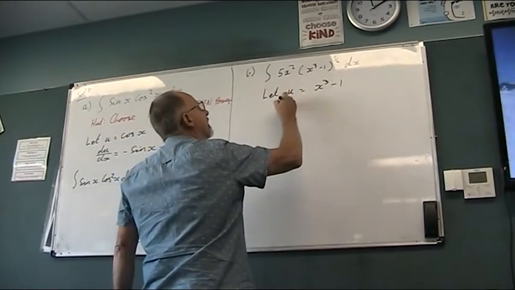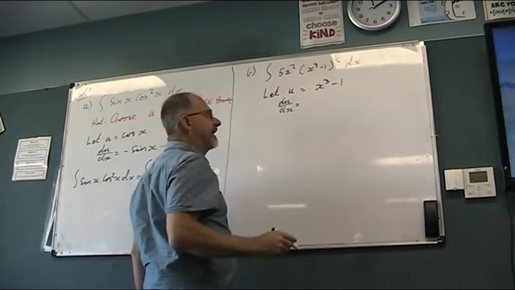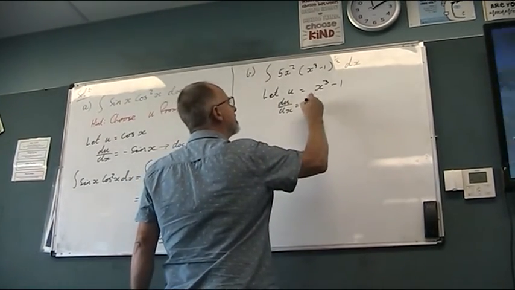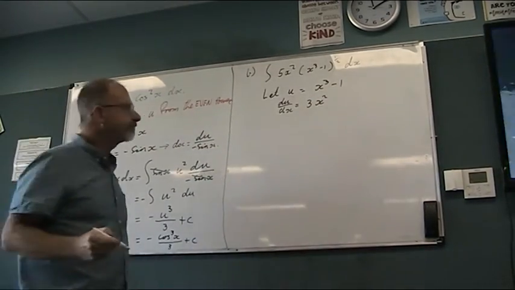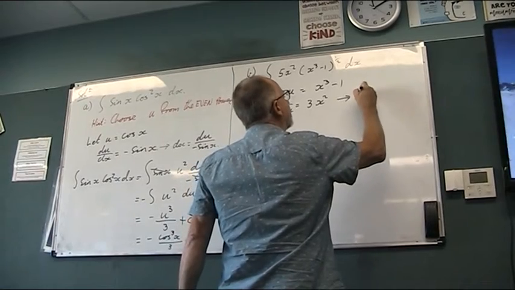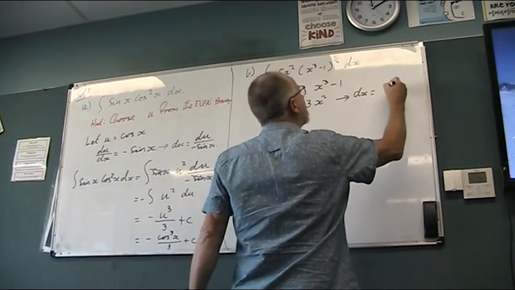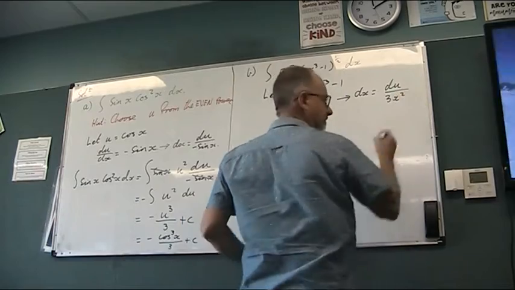If I differentiate that, du dx, what do I get? 3x squared? Yes? Yeah. So then, if I rearrange, dx would be du over 3x squared.